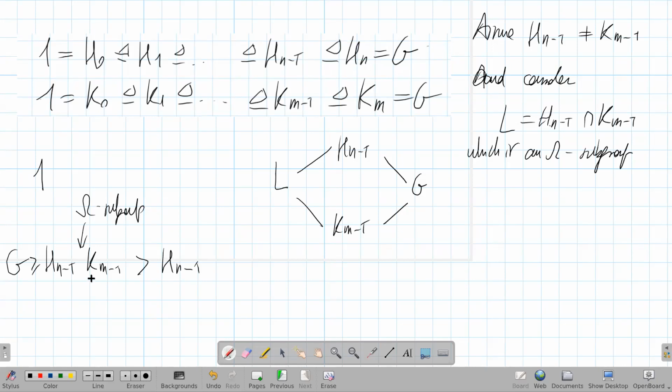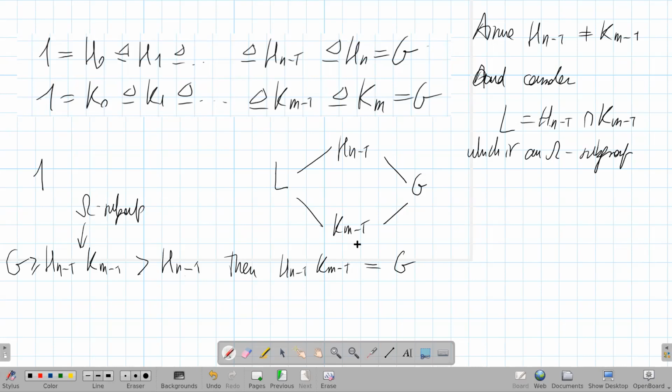So this is an omega subgroup comprised between the two. It doesn't coincide with the first one, so it has to be this one. By this argument, this product has to be the same as G.